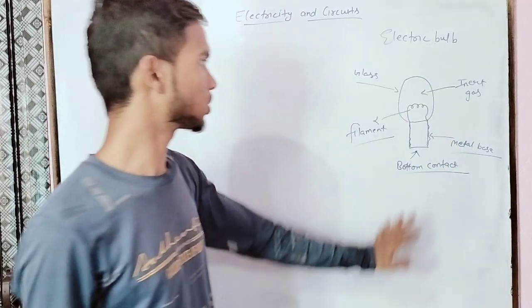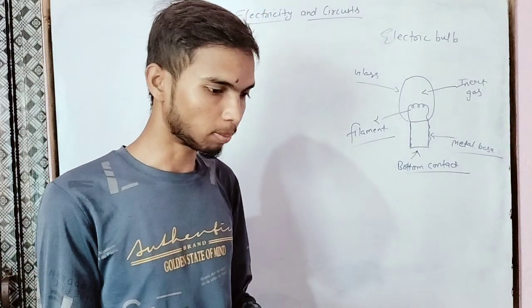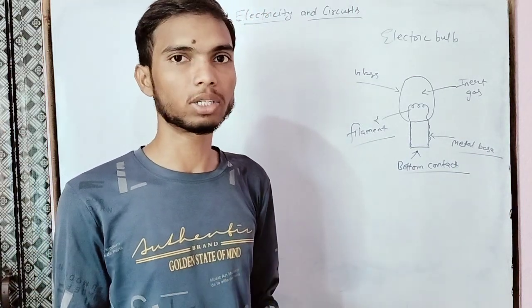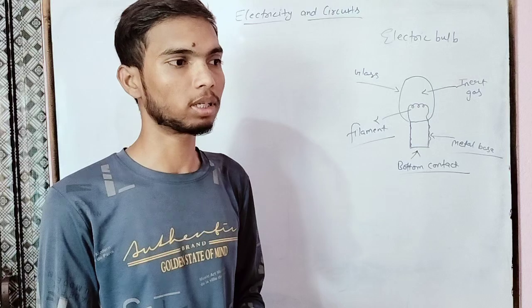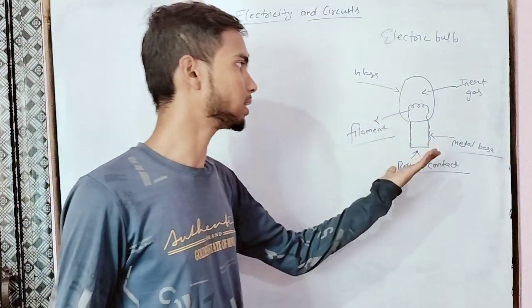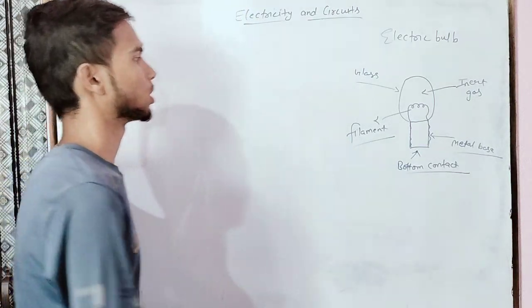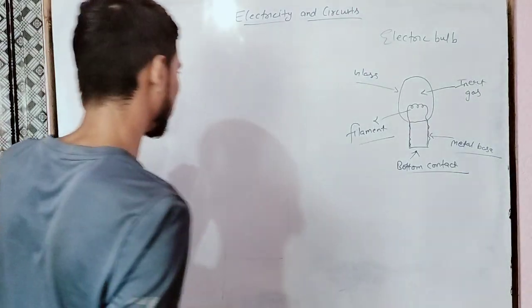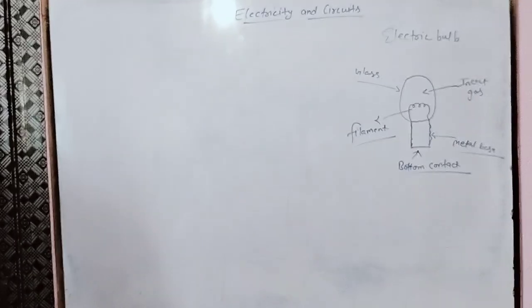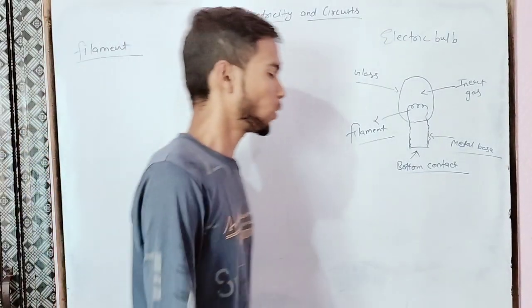Now after this, the facility of inert gas should be inside the bulb. It is compulsory. The next word is filament.